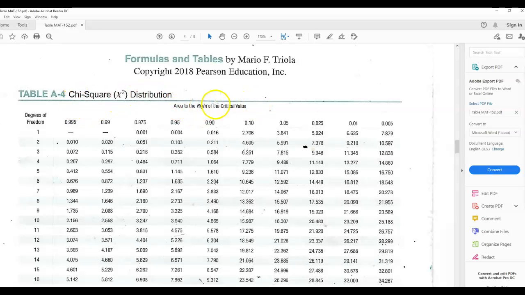It says here area to the right of that critical value. So you look at the area to the right of it with the degrees of freedom, which remember is one less than your sample size, and you match that row with that column to find that critical value.